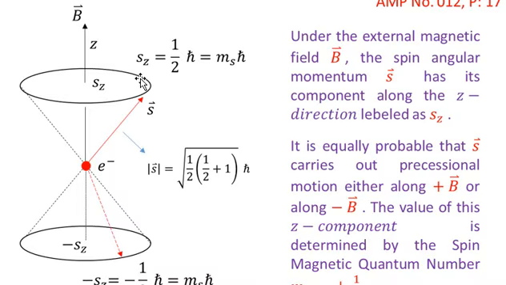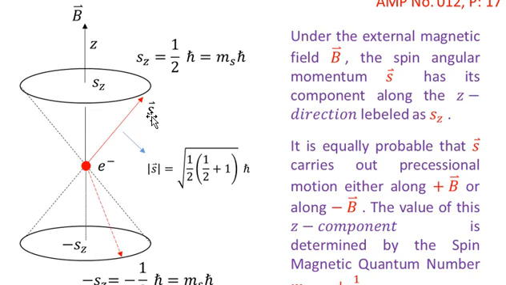So this is the loop. The loop indicates the precessional motion, and it is defined by the tip of the spin angular momentum. So the spin angular momentum carries out a precessional motion about the magnetic field.